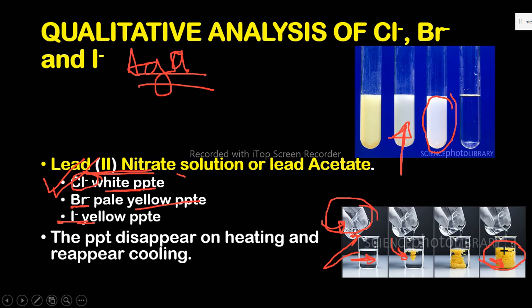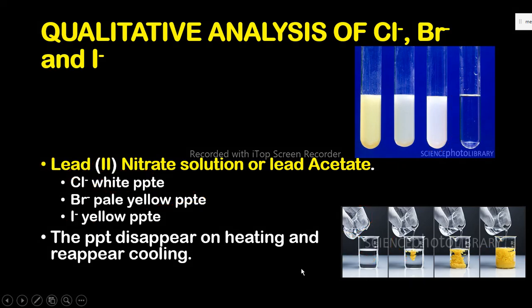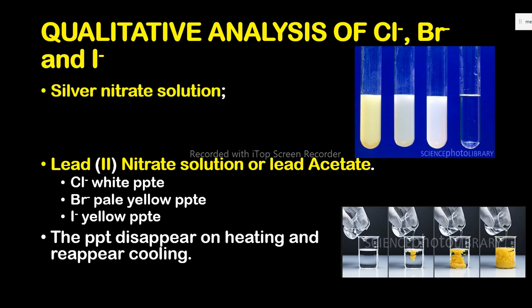But for bromide it's pale yellow, not as yellow as this. For chloride it's a white precipitate. I think this is common even in O-level work. Now that is with lead. After getting this, to confirm that you are really dealing with a halide, we shall use silver nitrate solution, and the same observations are seen.